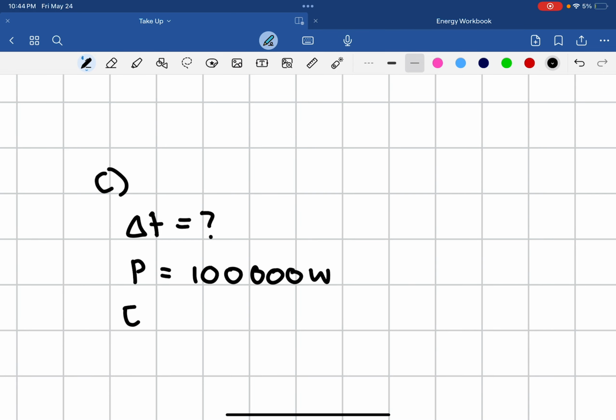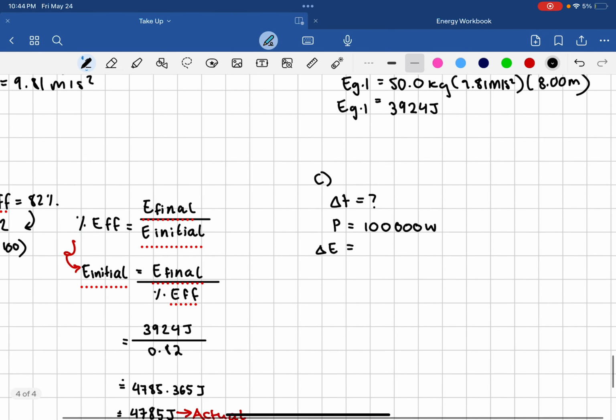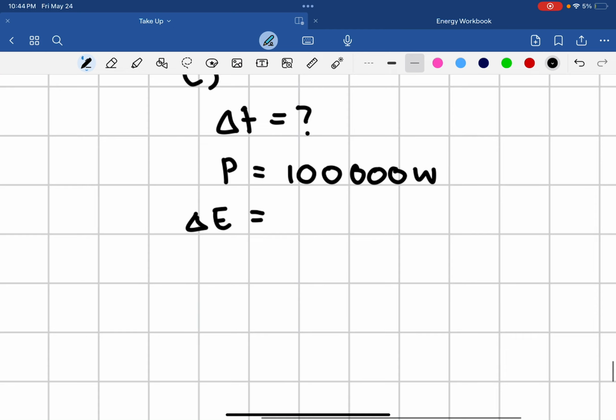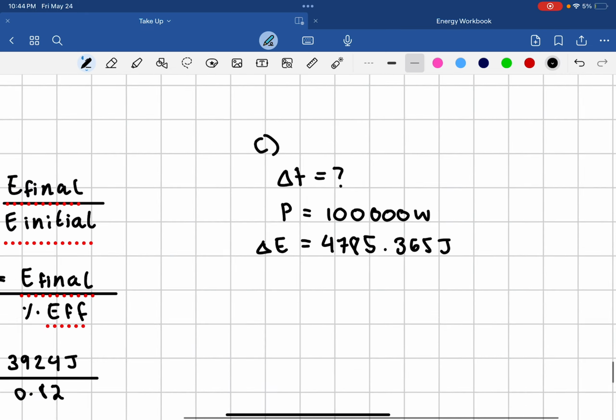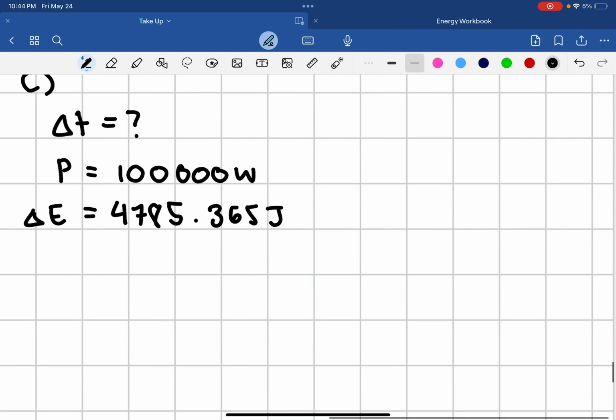And we do know the energy, which is, as we found out, 4,785.365. We'll use that unrounded value to find the time.